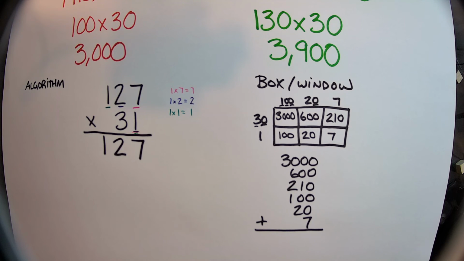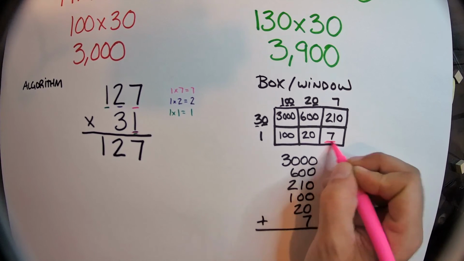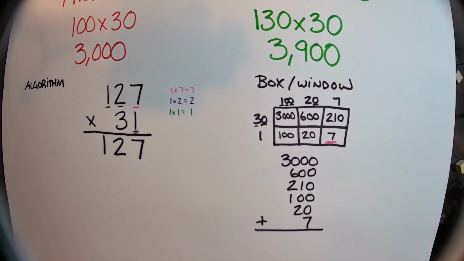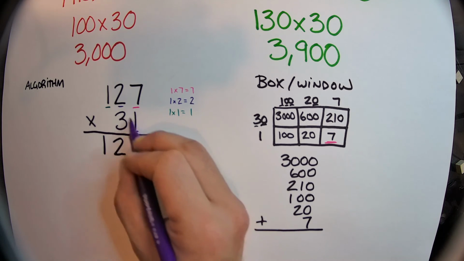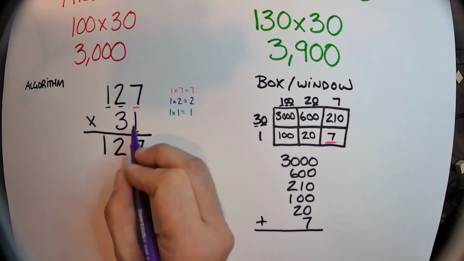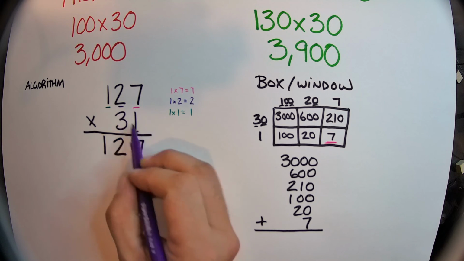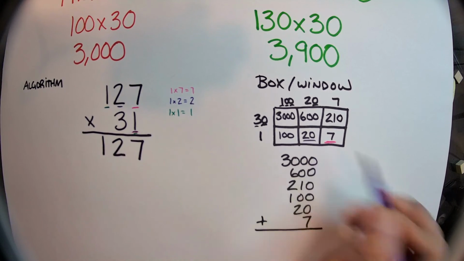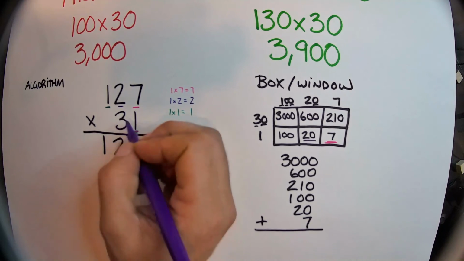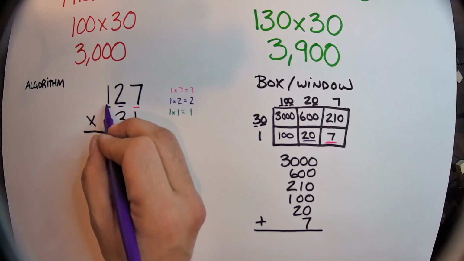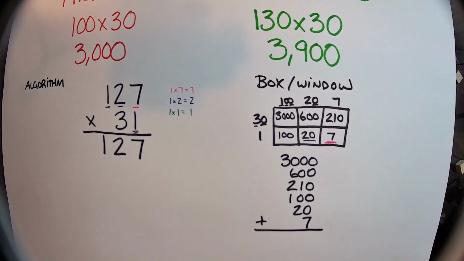I want you to make a little connection really quick. Notice 1 times 7 is 7. Notice that 1 times 2 was 2, but really we were doing 1 times 20, so that was 20. And then finally 1 times 100 is 100.